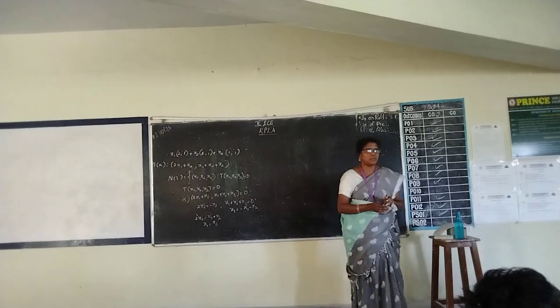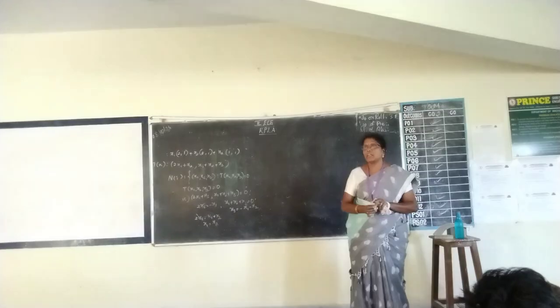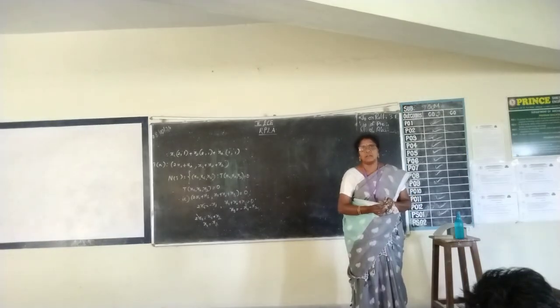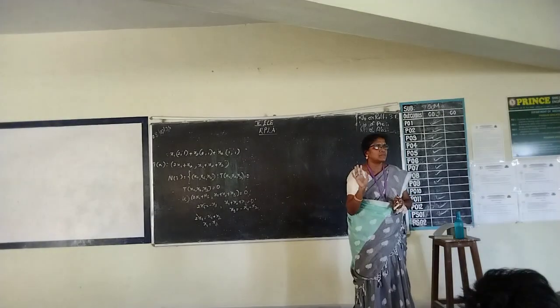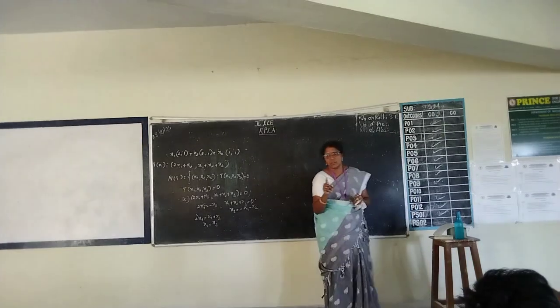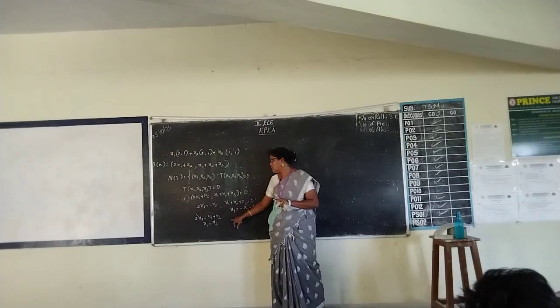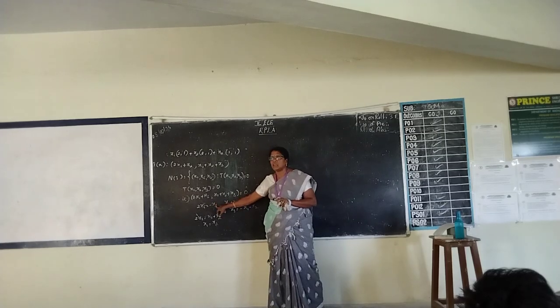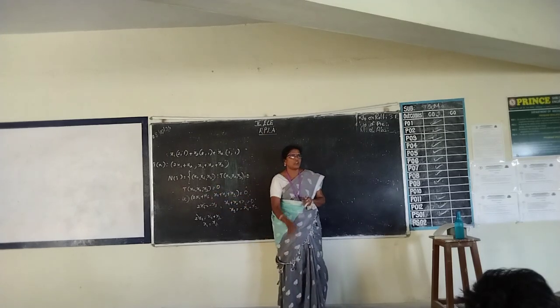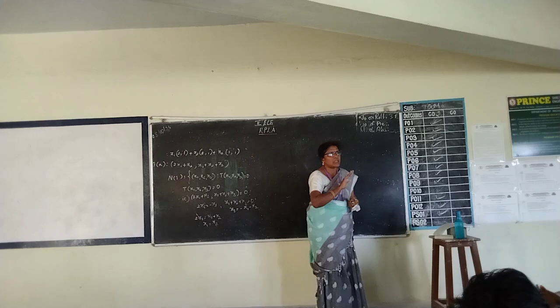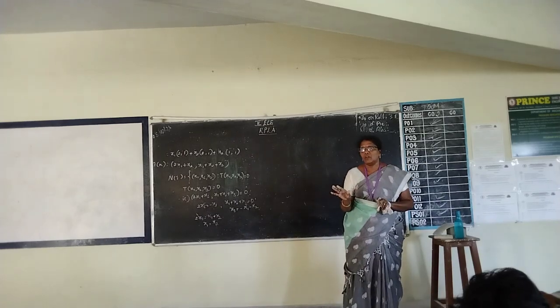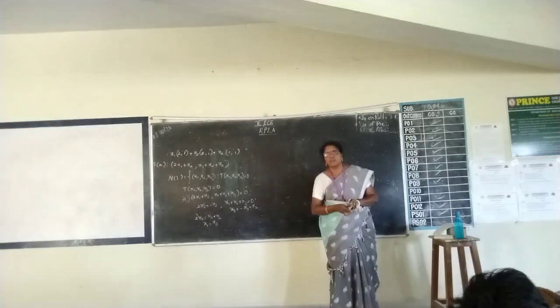Can you assume 0? No, don't assume 0 because x1 should be equal to x2. So both will become 0. If this is 0, what will happen to x3? That also will become 0, which is a trivial solution. So don't assume 0. So what is the next value you can assume? 1.